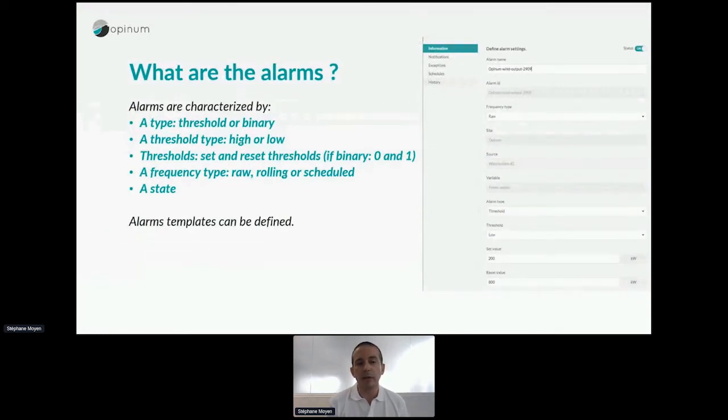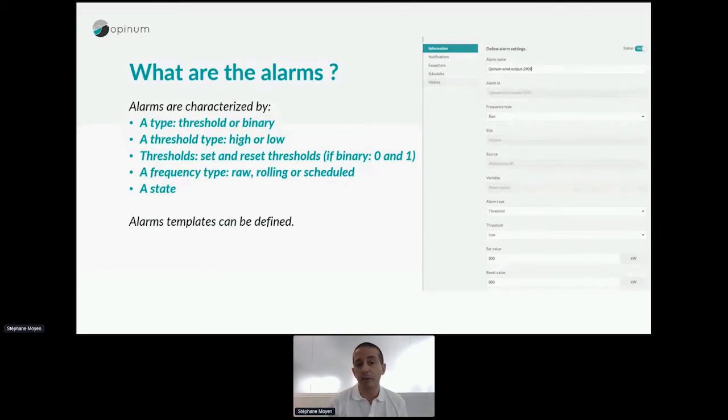I have a threshold type, which is going to be high or low. So do I want to trigger on high or low values? We can have set and reset thresholds. We will see for binaries, it's going to be 0 and 1s, of course. A frequency type, which are raw, rolling, and scheduled. We will see that later on.